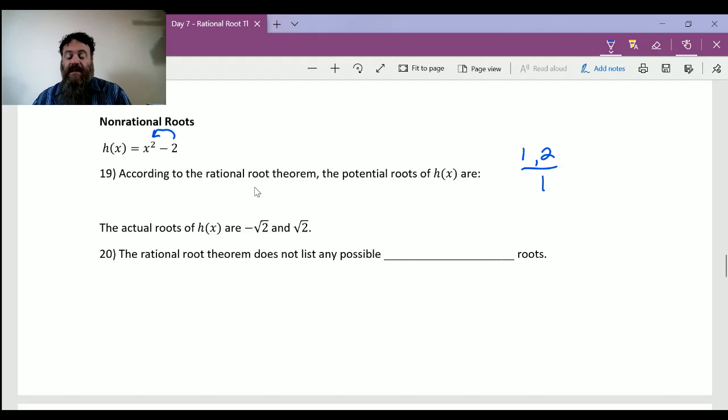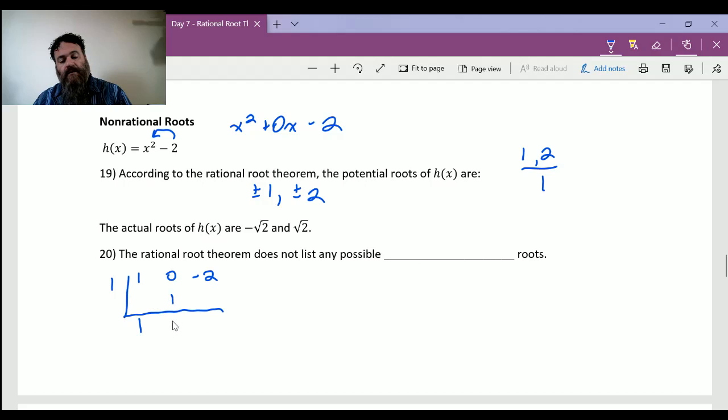So the choices end up being positive negative 1 and positive negative 2. And you know what? If you want to try it, we can. Keep in mind, like when we were doing long division, we do need to include a placeholder. So this is going to be 1, 0, -2. If we tried 1, nope, that doesn't work. We can try -1. That doesn't work either.